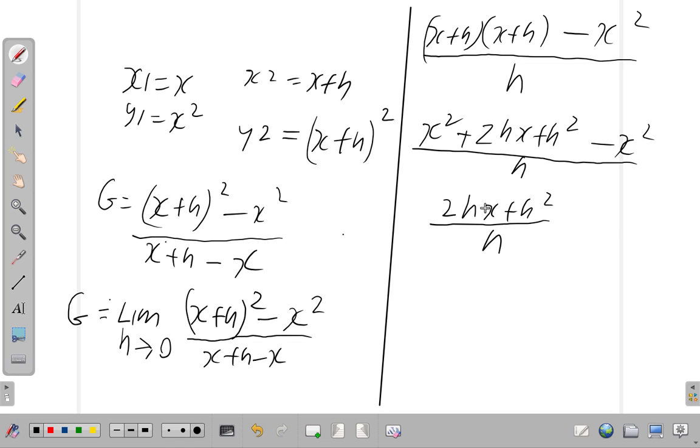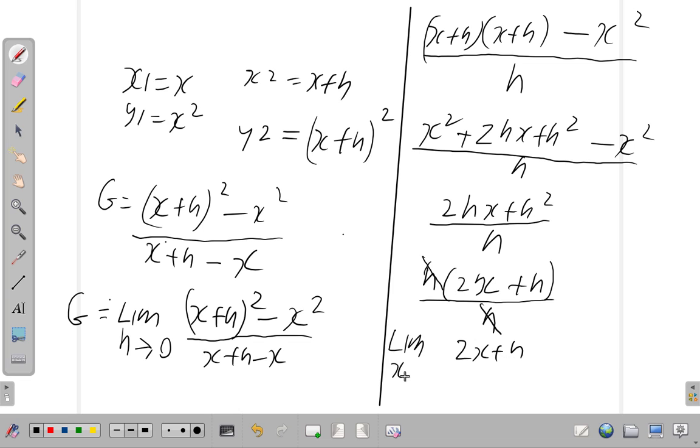Now, this gradient, if we factorize the numerator, we put h outside the bracket and 2x plus h inside the bracket, over h. But now h cancels h. So what we have is 2x plus h. Now what is the limit of this as h, not x, approaches 0?